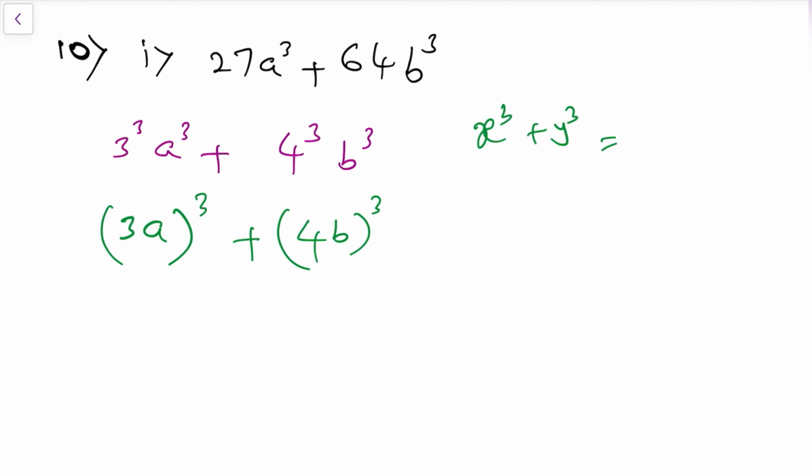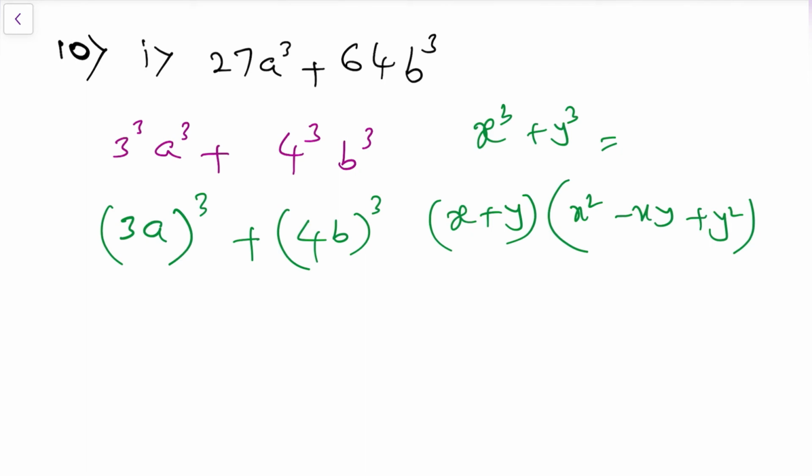Just the previous problem we did. x cube plus y cube is x plus y into x square minus xy plus y square. So here in the place of x we have 3a and in the place of y, 4b.